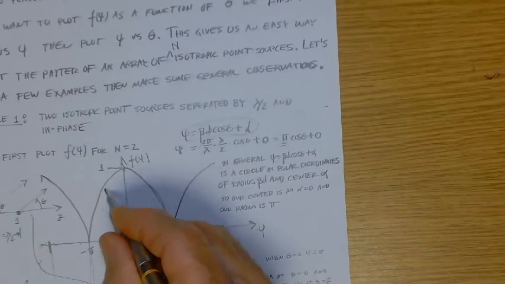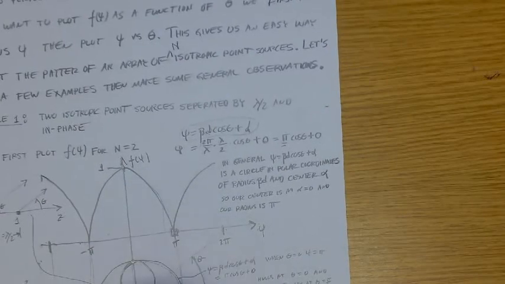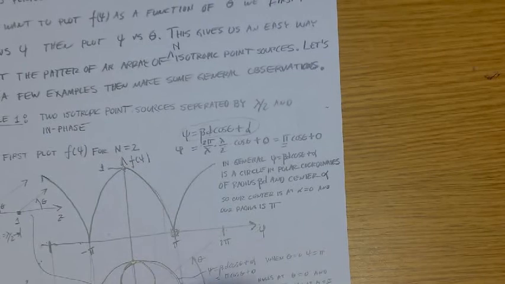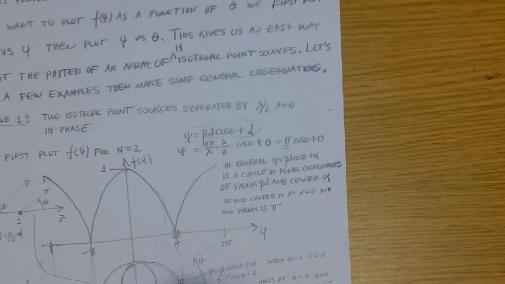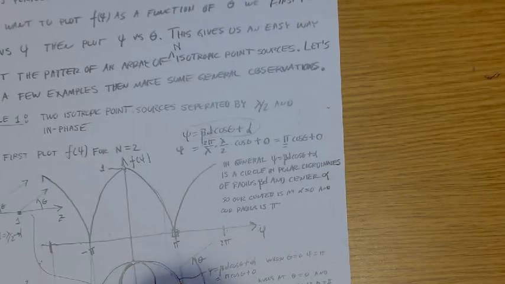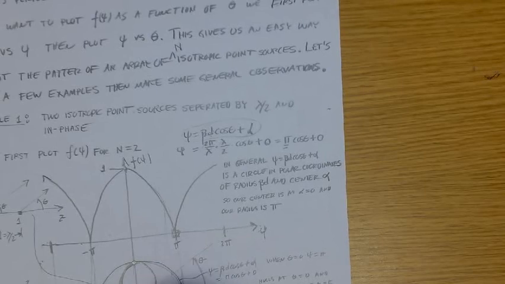Then as I go from pi over 2 to pi, so visible space is from 0 to pi, from 0 to pi over 2, I go from a null to a main beam max. From pi over 2 to pi, I go from a main beam maximum back to a null. And so I get that.